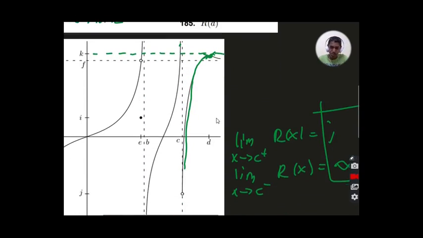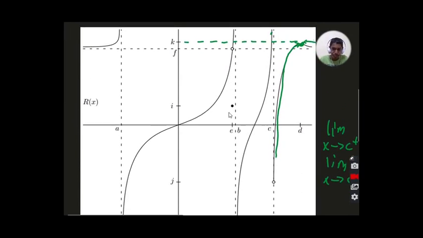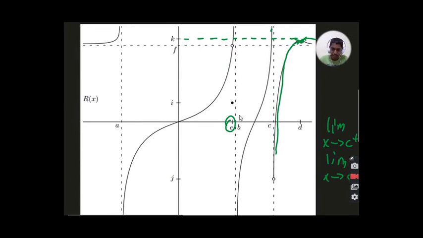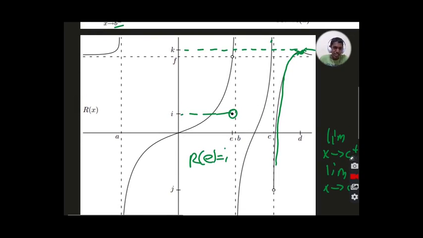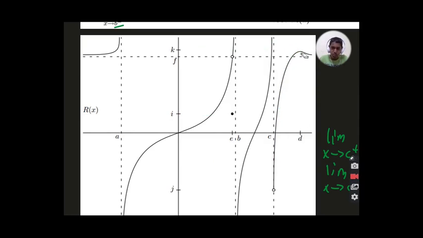Okay, finally, x approaches e, r of x. Where is e? Okay, e is right there. So an important thing to note here is that r of e is actually just l, as we see right here. But that's not going to be what the limit is, because all the other values of r that are super duper close to e but not exactly e are huddled around over here, huddled around f.